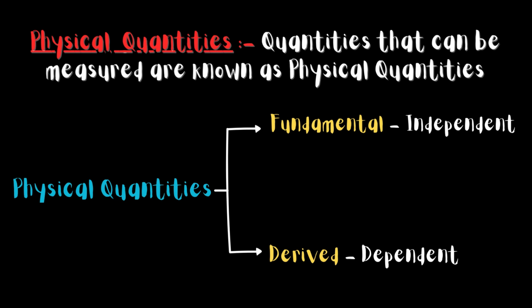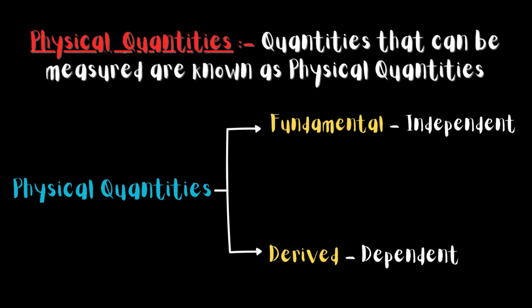Students, physical quantities are again divided into two sub-quantities called fundamental or basic and derived quantities. Fundamental quantities are those quantities which are independent of each other. So these fundamental or basic quantities do not depend upon other quantities.